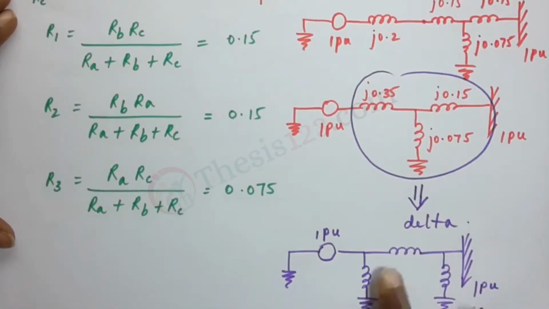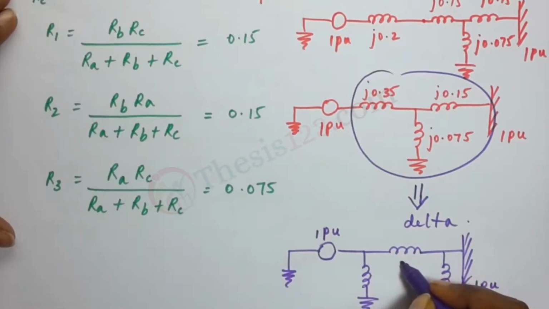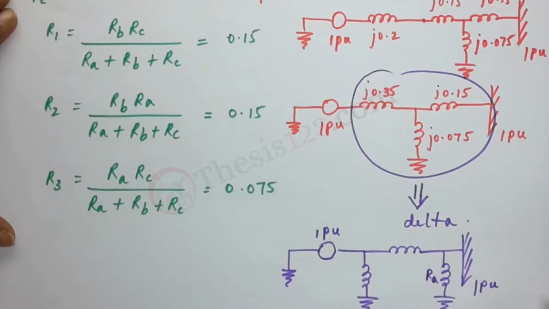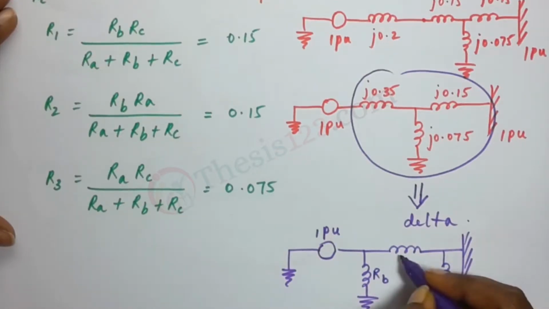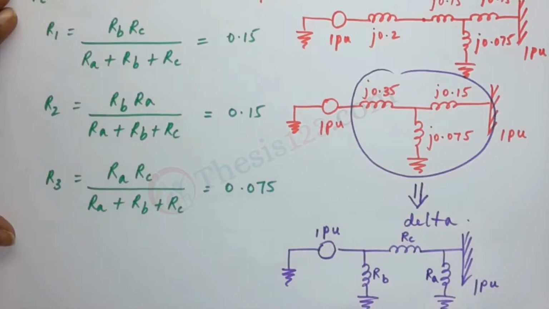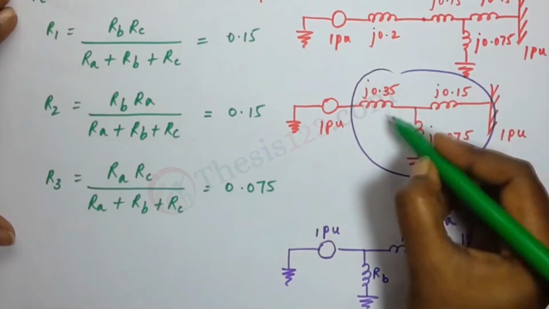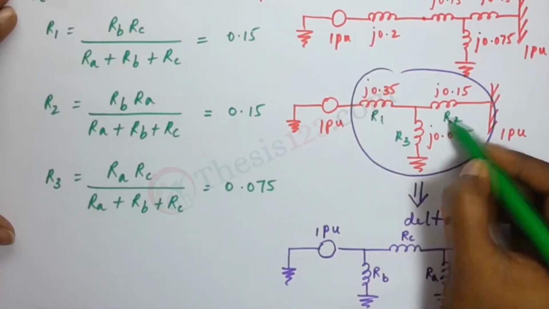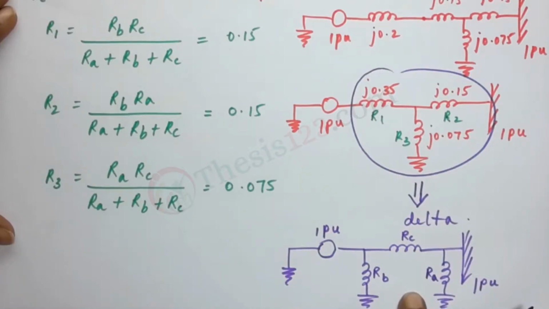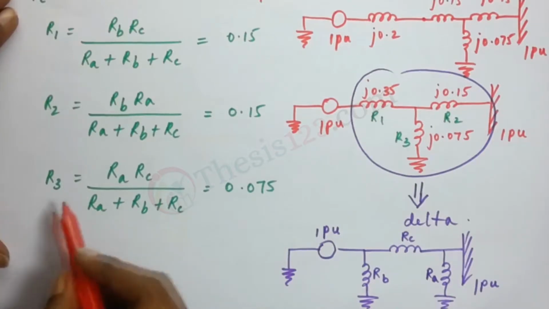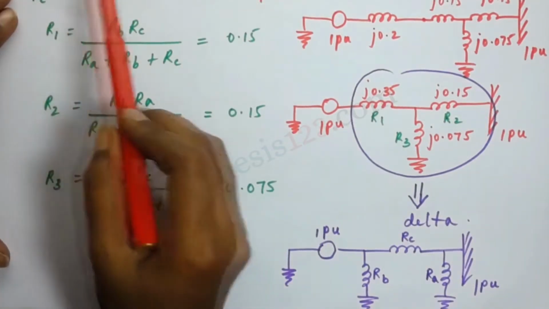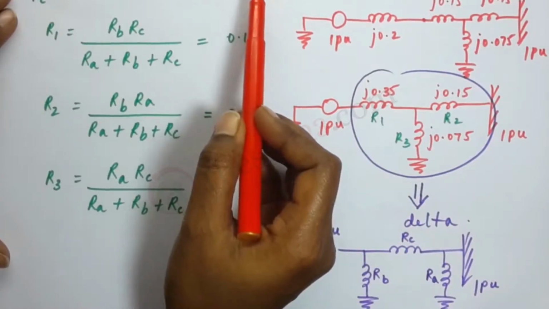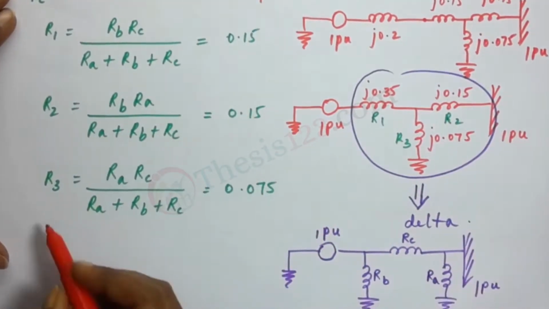So we need the values of these three impedances. Let's call these RA, RB, and RC, and the values of the above circuit R1, R2, and R3. So we are converting that into this using this formula. You know how to do it from delta to star transformation, but now we'll have to do it from star to delta transformation.